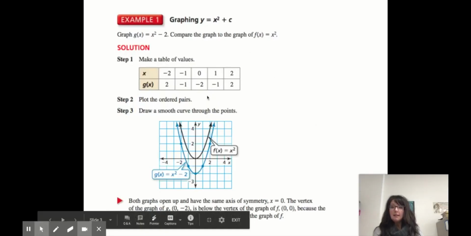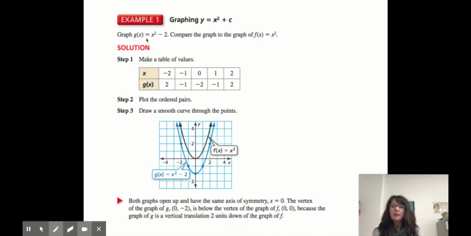So looking at the example from your textbook, here we have x squared minus 2. Remember, the parent function is x squared. So make your table of values, plot the ordered pairs, draw your smooth curve, then compare them. So the blue one is our g of x, the f of x is our parent function. So you can see that the g of x is below the parent function.